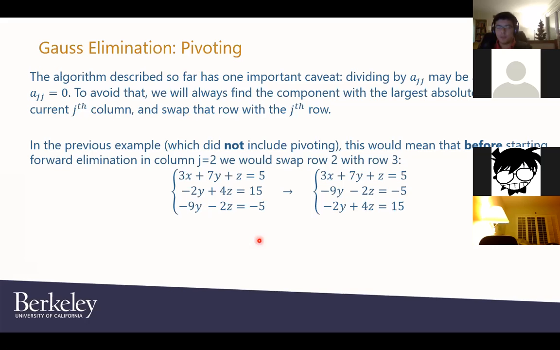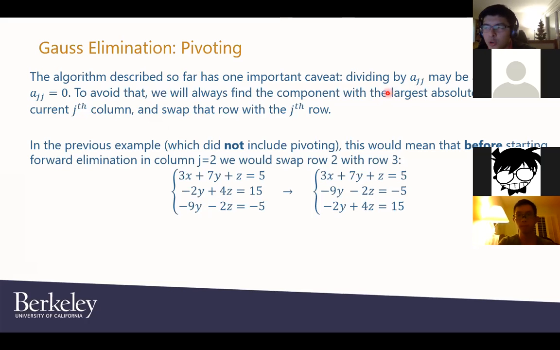There is one very important caveat on this algorithm, something that can go wrong. And it is what happens if we divide by AJJ, if AJJ is 0.